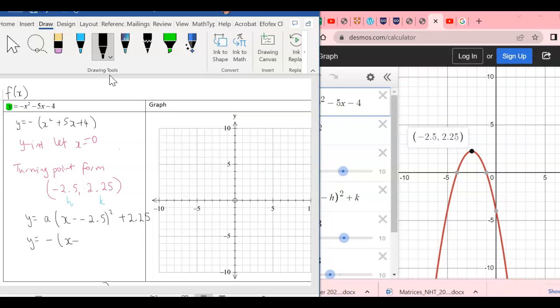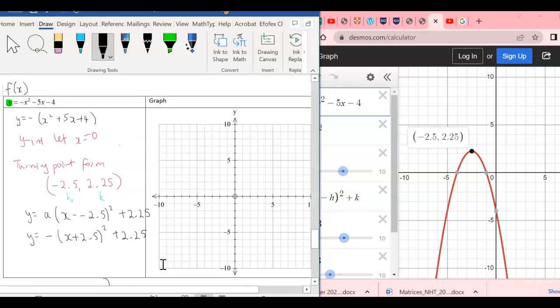So we can just say x plus 2.5 squared plus 2.25. What I was saying with a, you can just substitute in at any point. You've got your x and your y coordinate on your graph, that isn't the turning point. We could use the y-intercept, because we know what that is, and that can give you the value of a.